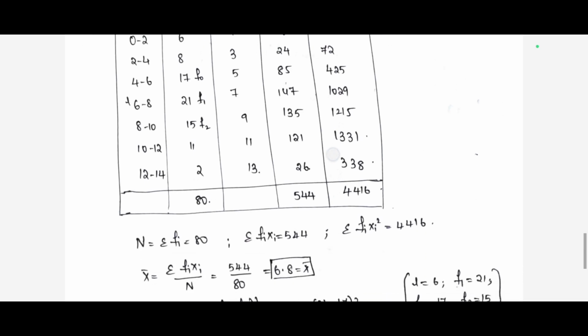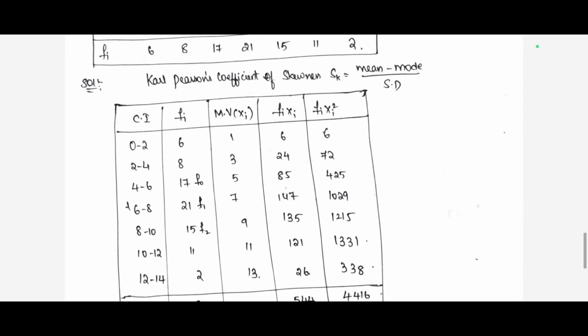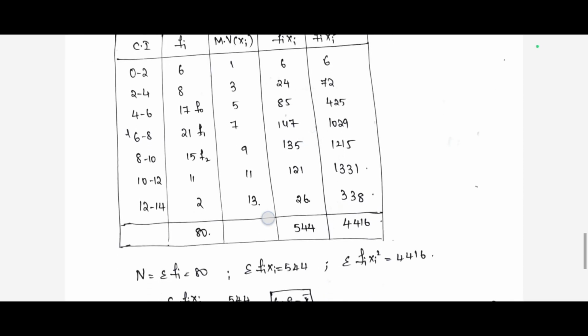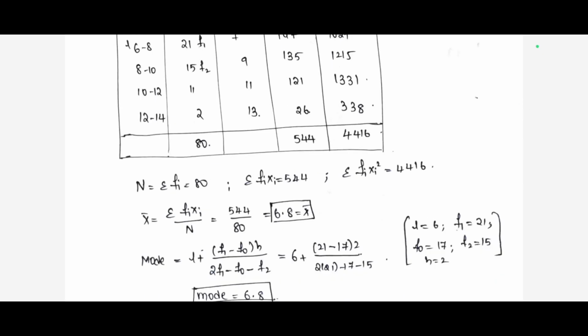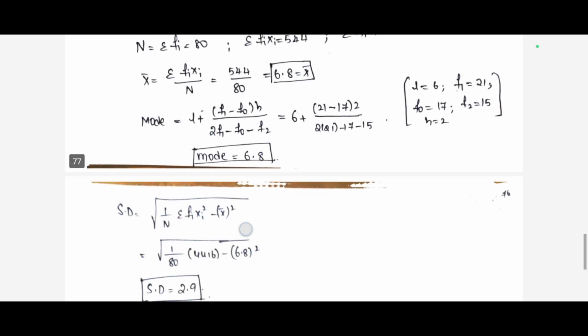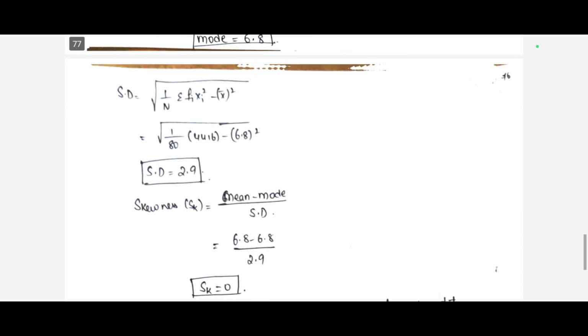From that we got the mean value as 6.8, and the mode value is also 6.8. If mean and mode are equal, then the Karl Pearson coefficient of skewness is 0. Whatever the standard deviation is, 0 divided by something is always 0.